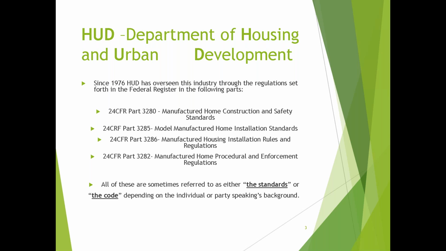There are basically four parts that affect our industry and our installations and our manufacturing build process. The 3280 right here is what the factories have to deal with as far as the details and the construction requirements and what they have to have in-house as far as paperwork. The last part, 3282, is the part that talks about the procedures and enforcement regulations.